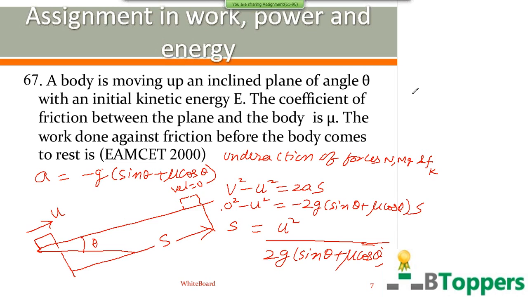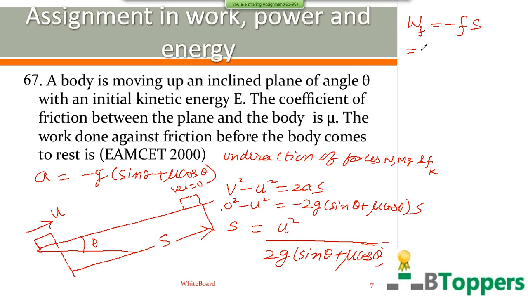Work done against friction is the negative of the work done by the friction force. Work done by the friction force on the body we write as minus Fs, because the force of friction acts opposite to the direction of displacement.